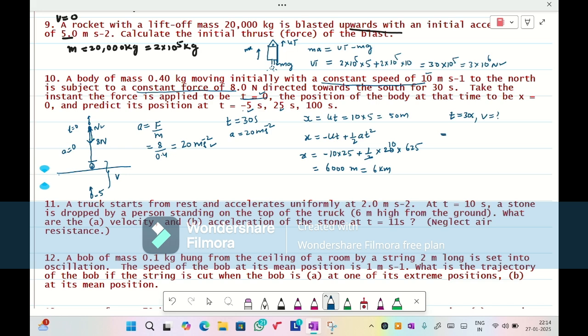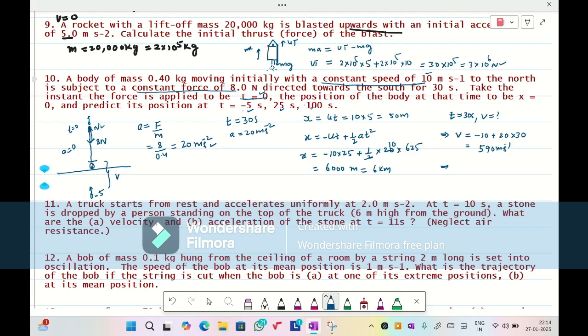So v equal to u plus at, where u is 10 minus 10, plus a equal to 20 meters per second squared minus 2 into u plus at. So at t equal to 30 seconds, this is 5 600, which means 590 meters per second.